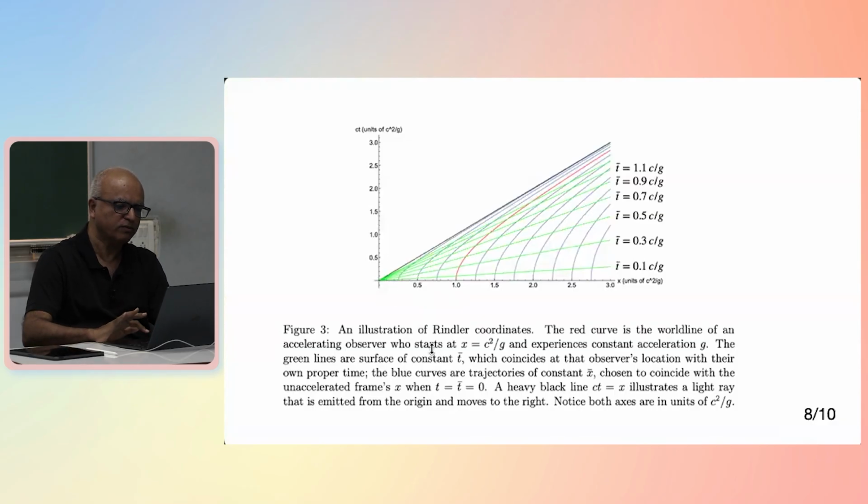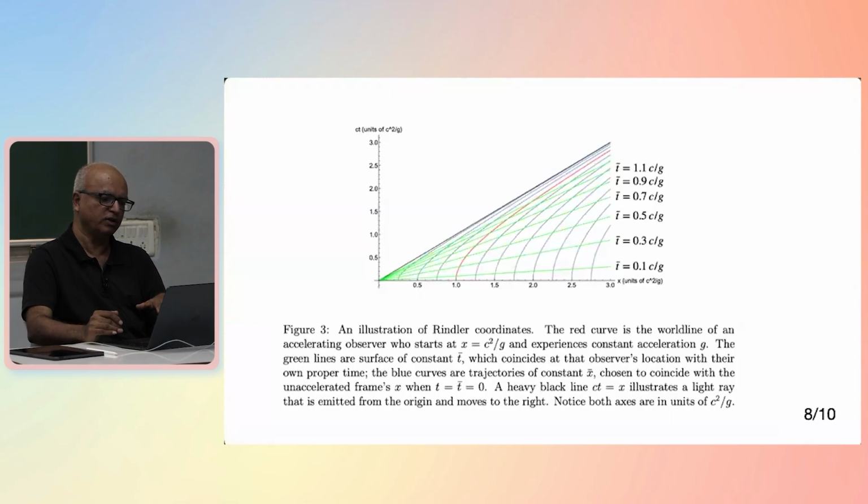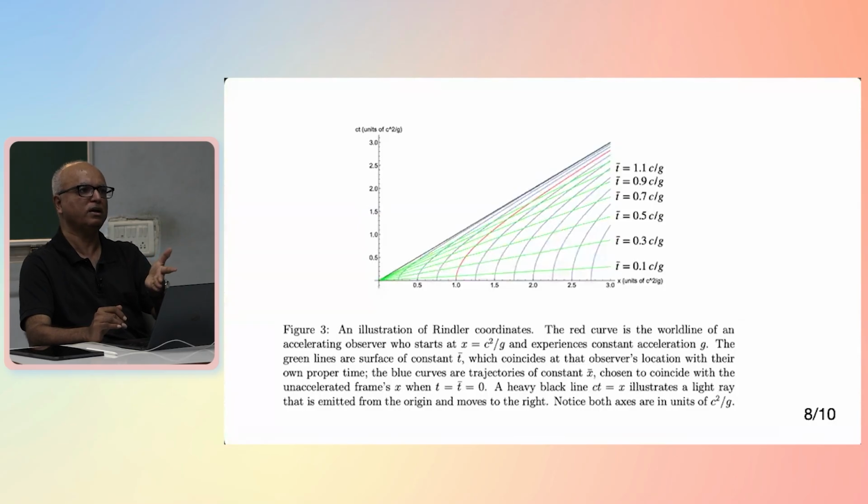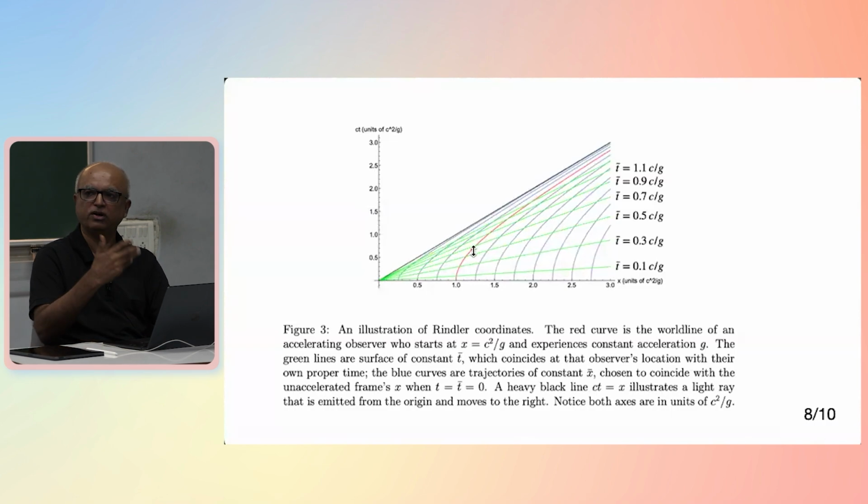So, blue curves are trajectories of constant x bar chosen to coincide with the unaccelerated frame's x. I hope you understand this, when t equals t bar equals 0, x is equal to x bar, but you can have different values of x bar, meaning different values of g, and you will get different trajectories, different accelerated observers, different g.